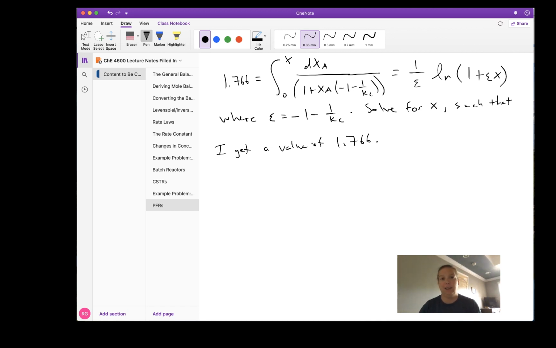So basically I'm solving this formula: 1.766 is equal to this equation. This is an algebraic solution. I can solve this and I get x is equal to 0.75. So I get a bit more conversion by doubling my PFR volume.